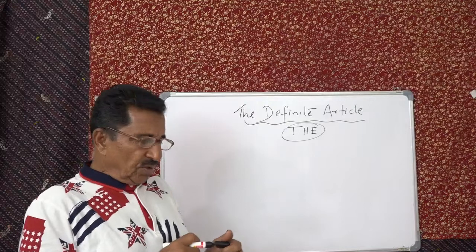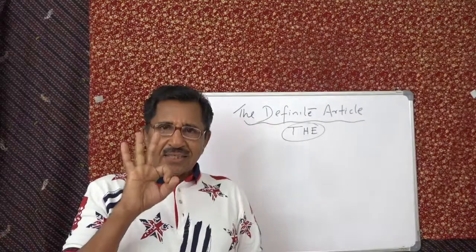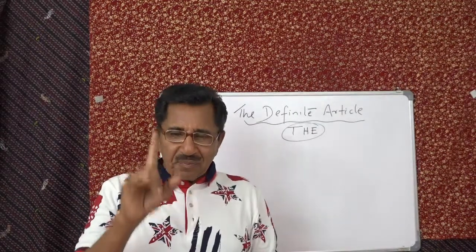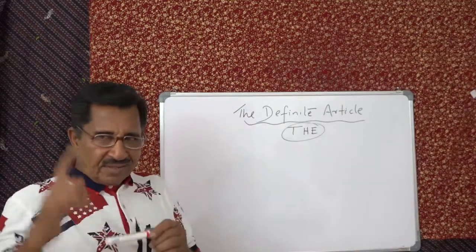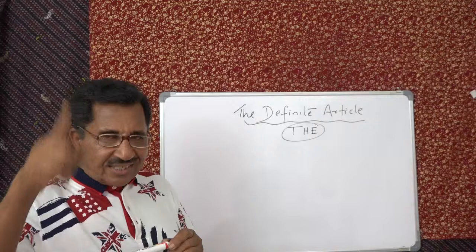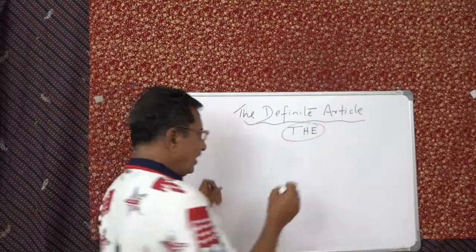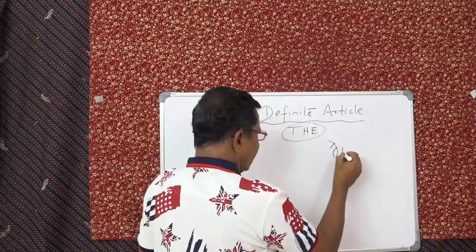But you remember, this small word has three pronunciations. Three ways you can pronounce that. You know which are the ways? You remember our phonetic script, our pronunciation class? Yes. Then you know, one way is this: the.